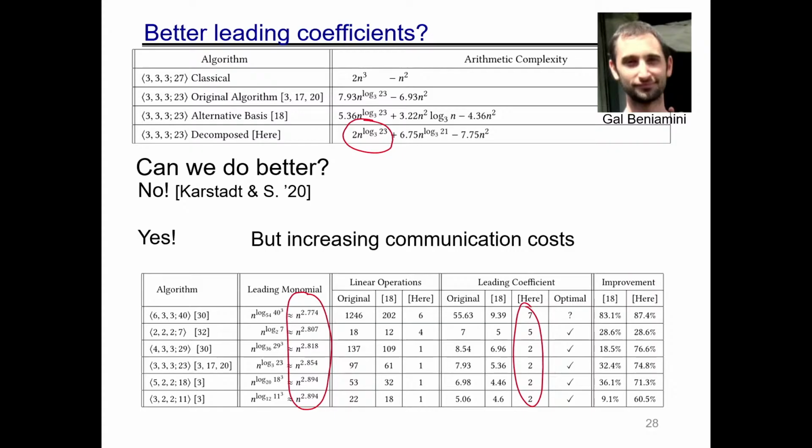There's another issue that if we do that, we increase the communication costs. And that is a problem, of course. And then there's the open question of whether we can do both. Can we optimize the leading coefficient of the arithmetic cost without sacrificing the communication costs? There are lower bounds and upper bounds on that, but this is an open question.